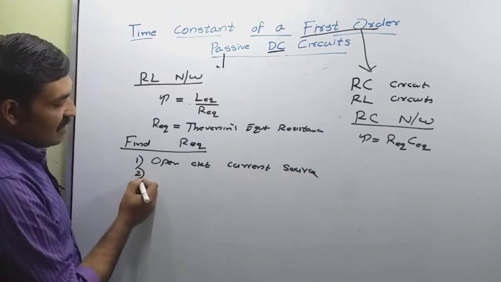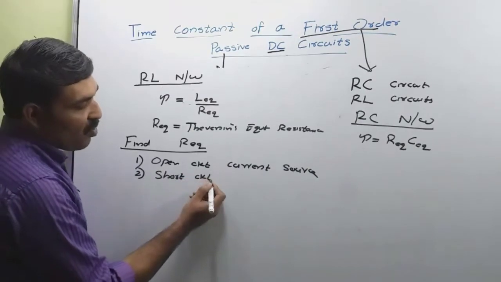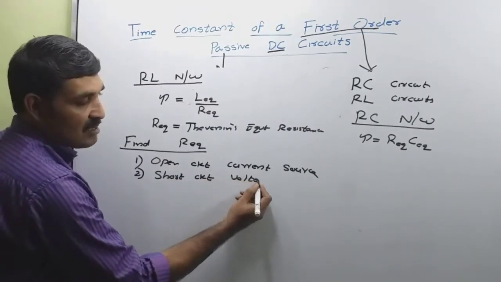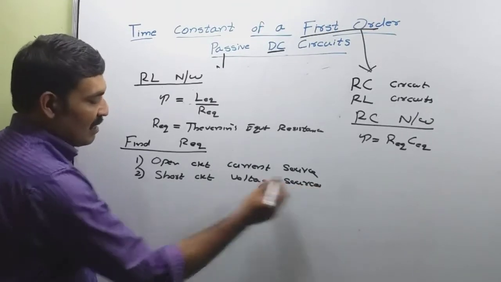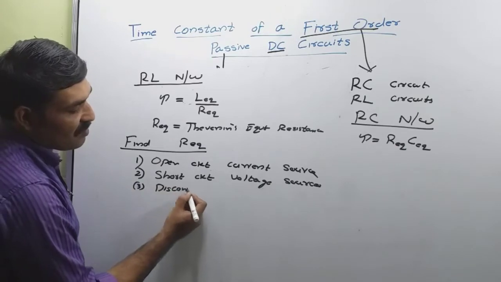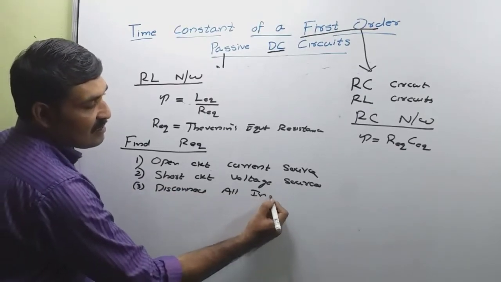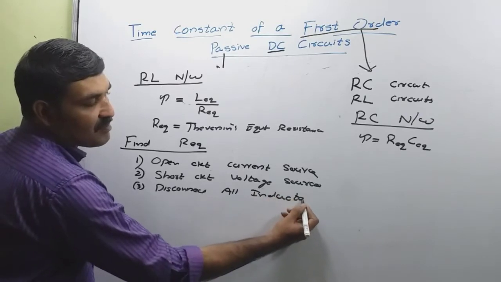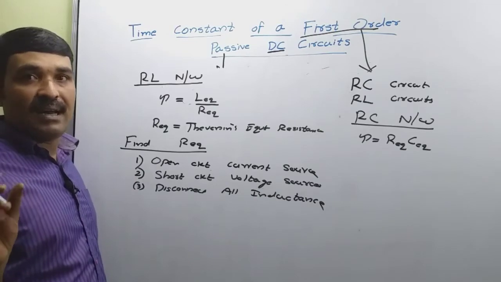And second step is short circuit all voltage sources and disconnect all inductance. Then find the equivalent resistance R equivalent.